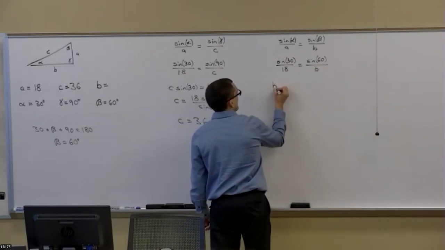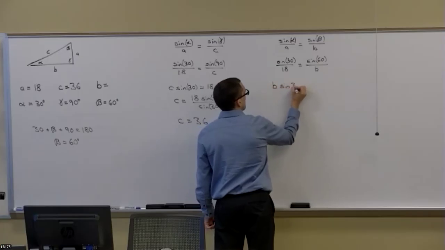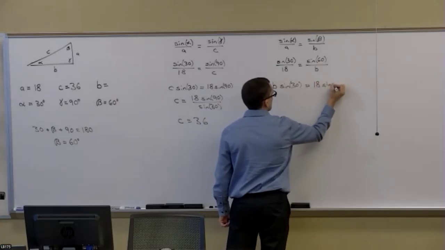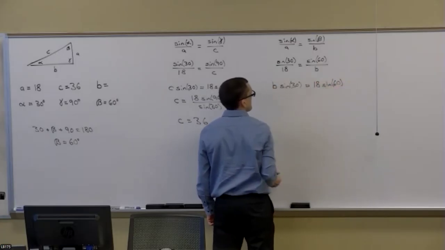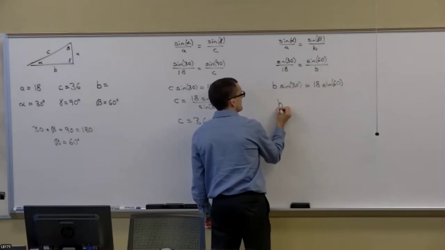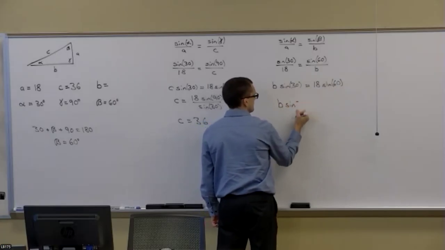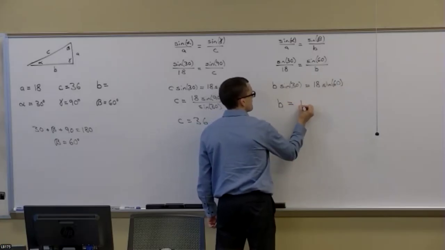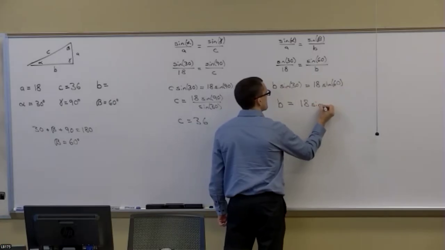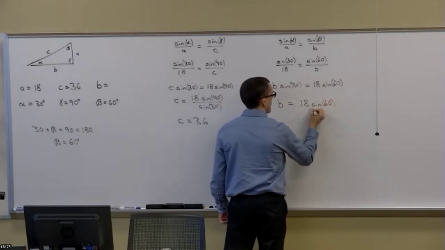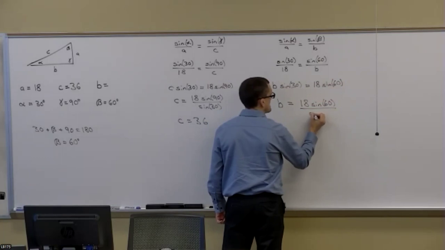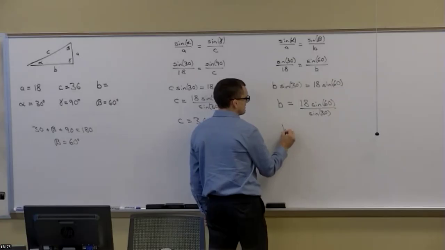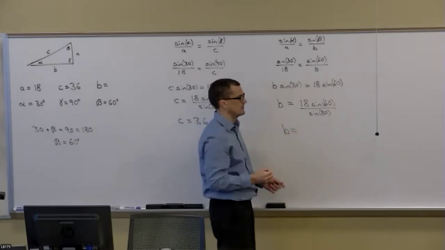In a very similar way, we have B times sine of 30 is equal to 18 times sine of 60. Divide both sides by sine of 30. By the way, if you wanted an exact answer, you could get that off the unit circle.